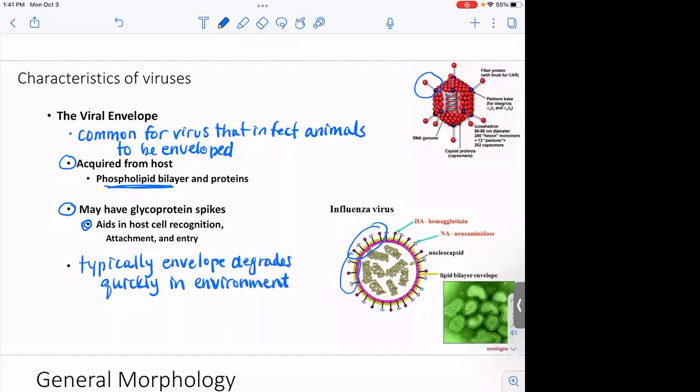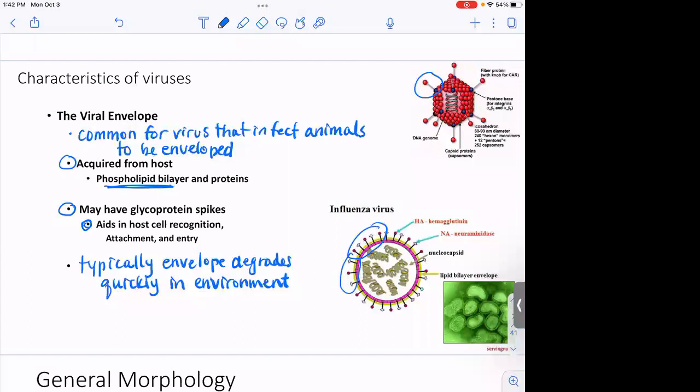A virus that is in the environment like that and it's enveloped, that phospholipid membrane is going to be really fussy, any kind of temperature change, or it's going to dry out really quickly. And without that envelope, that virus is not able to attach to a host cell. Okay, so a virus with an envelope, we typically say it might be viable for a couple hours, maybe up to a day or two.